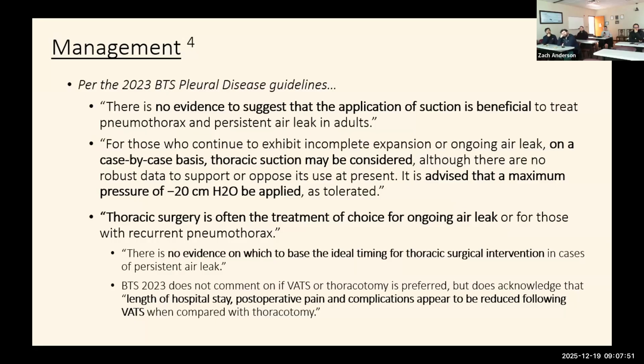They say thoracic surgery is often the treatment of choice for ongoing air leak, but again, there's no evidence on the ideal timing. Their previous guidelines didn't have any recommendations, so everyone was all over the place. And then they go on to say we don't know if VATS or thoracotomy is better, but we do know VATS leads to a shorter hospital stay, less pain, and fewer complications.